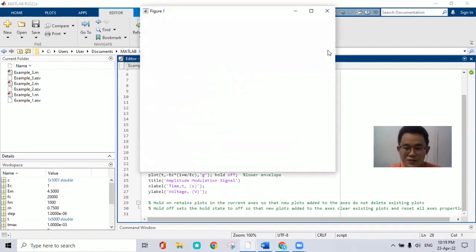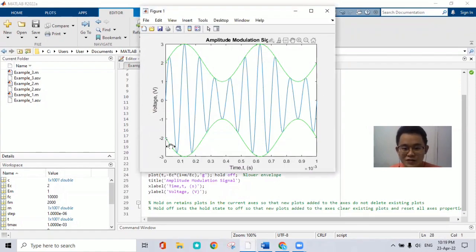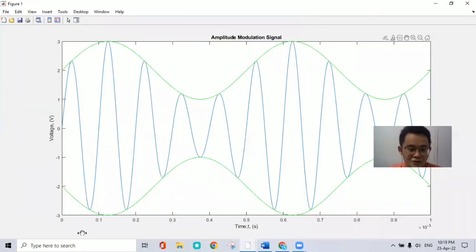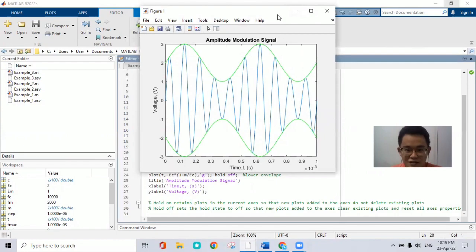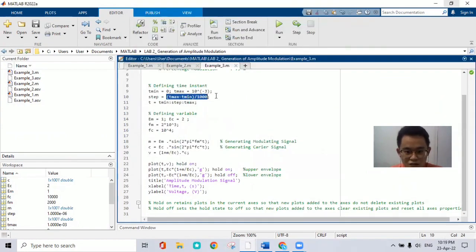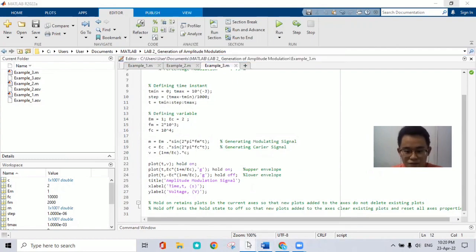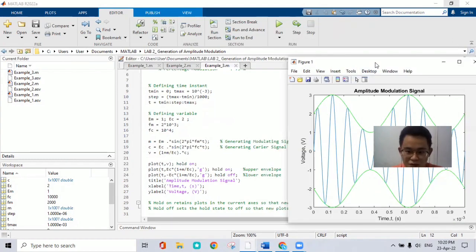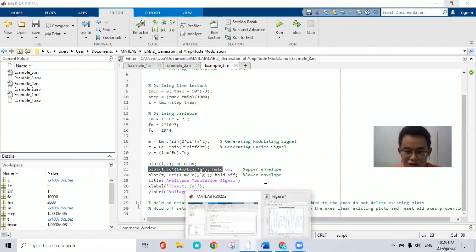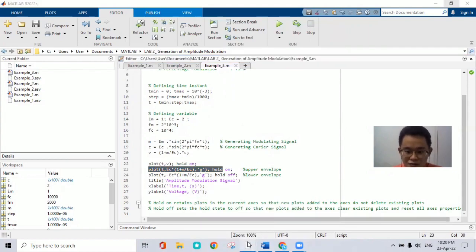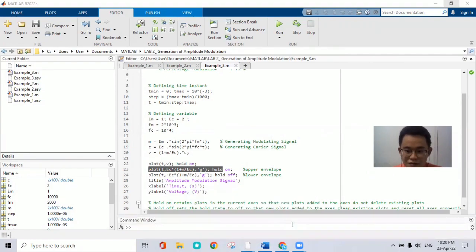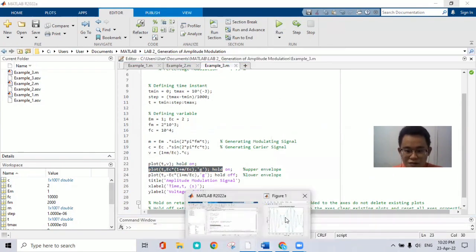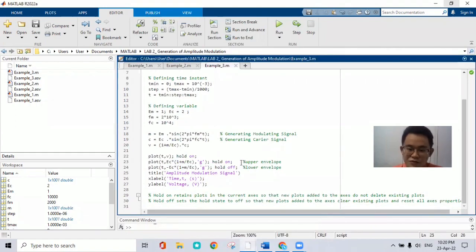So after that, we need to hit the run button. And this is our perfect graph. How sweet it is. So from 0 to 1, we will have this amount of time intervals, and then this code is actually telling us the upper envelope, which means the graph at the green color layer.